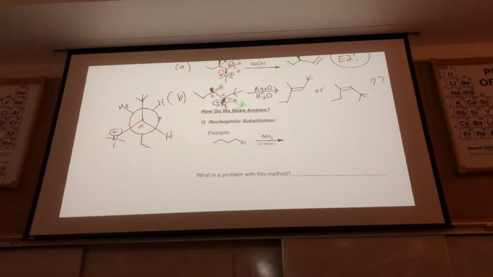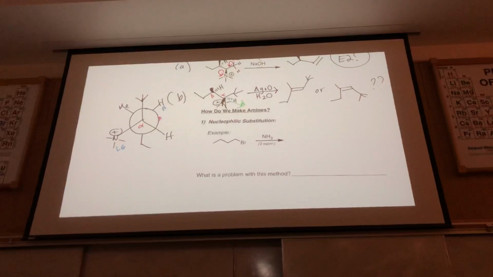Okay, so remember our alpha carbon has the leaving group, and it has to be anti to the beta carbon's H. So not this H, not this H. That's an alpha carbon H, has to be anti to this H. Oh, we got lucky. Should have written it differently. So we'd have to rotate, because that would also be good practice.